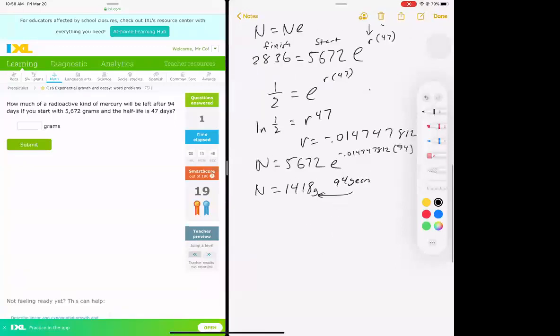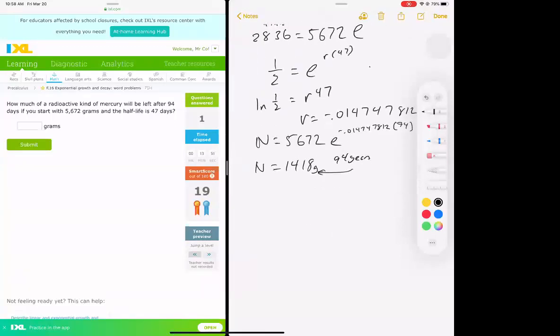Now, let's just do it by hand. Let's just say I had 5,672 grams to start. After 47 days, we would have ended up with 2836. After another 47 days, we ended up with 1418, which is our answer.